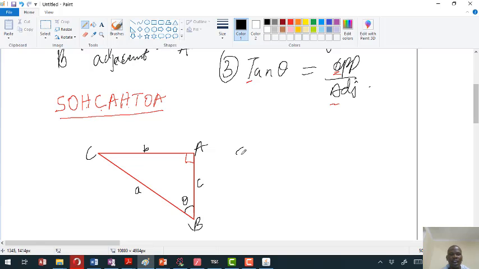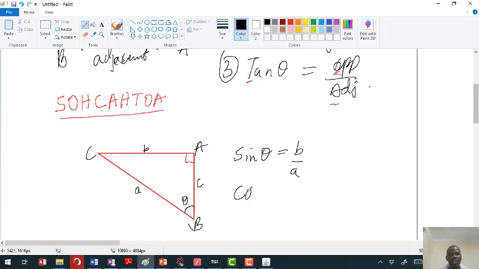So sine theta, remember it is opposite over hypotenuse. The hypotenuse here is A, opposite to the right angle. The opposite of this is B, so it will be equal to B over A, where B is the opposite of the angle theta and A is the hypotenuse.